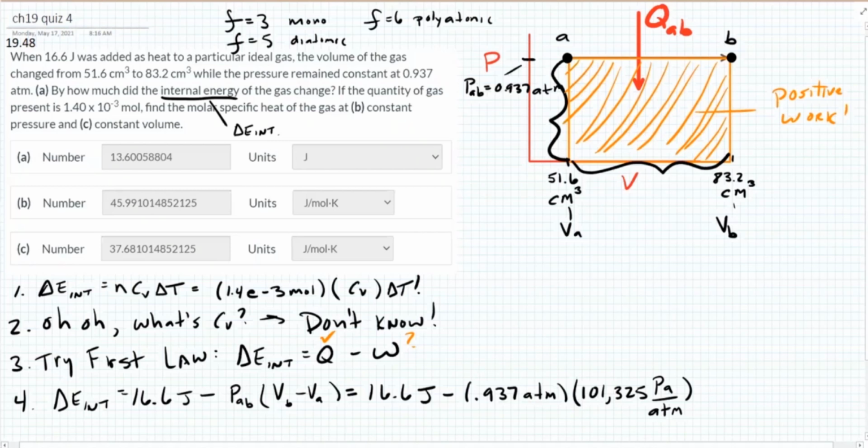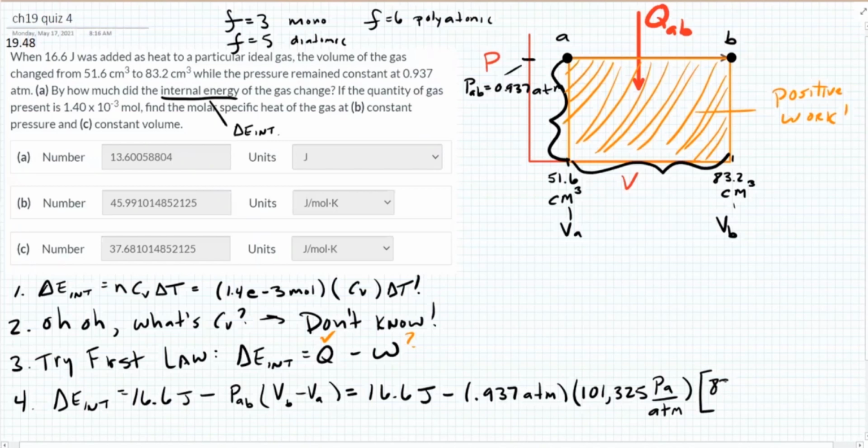So all of this is P, and here's delta V. Technically, it's not delta V, it's VB minus VA.